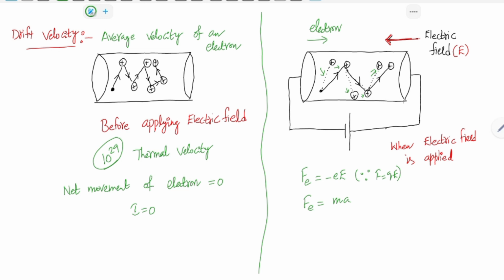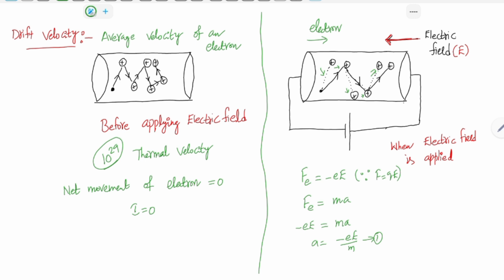Now equating both the LHS terms, we get the RHS terms equal, therefore minus e times capital E is equal to m times a, and a is equal to minus eE by m. Consider this equation as the first equation, which gives us the acceleration of the electron under the influence of the electric field.